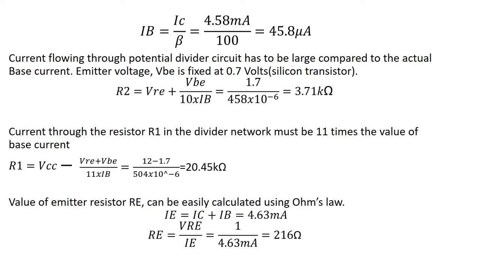Then we can calculate the voltage across the resistor R1, which will be equal to 10.3 volts, and the value of R1 can also be calculated, which is equal to VCC minus voltage across the emitter resistor plus the voltage across the base and the emitter divided by 11 times the base current value, which will be equal to 20.45 kilo ohm.